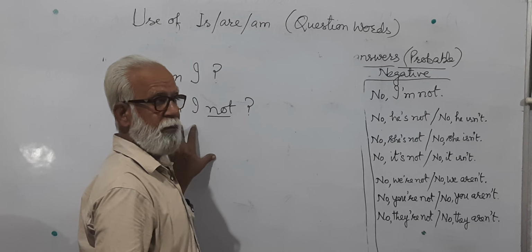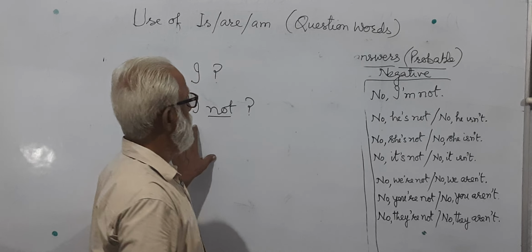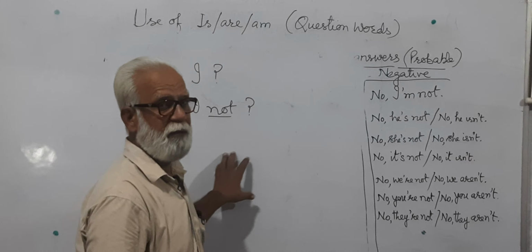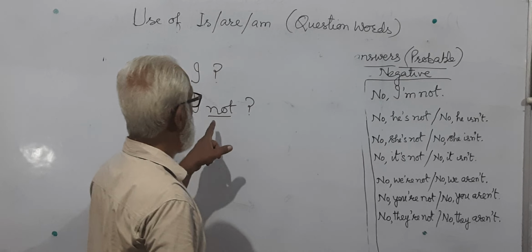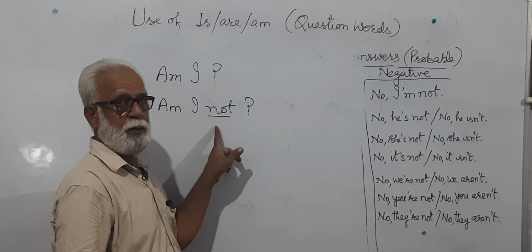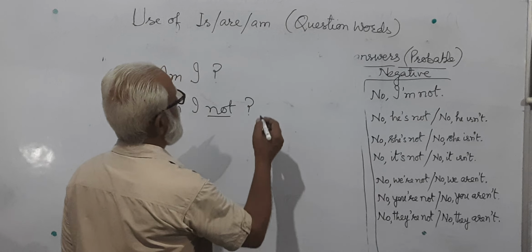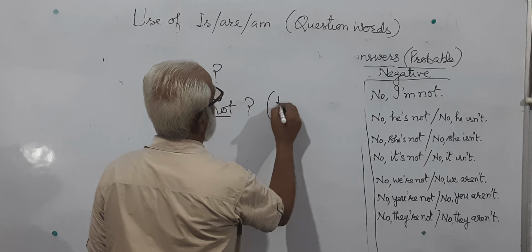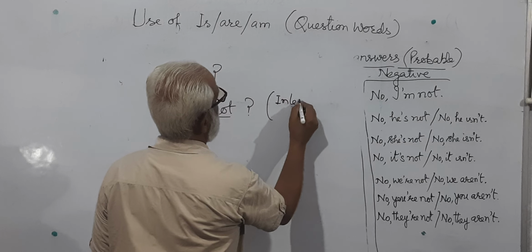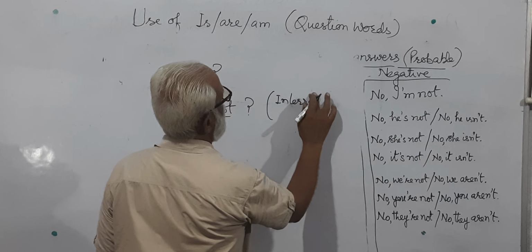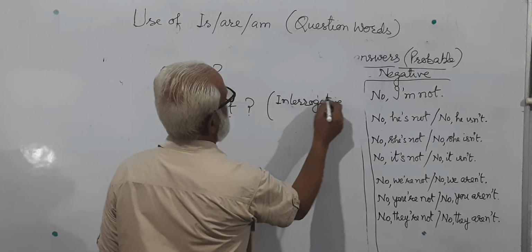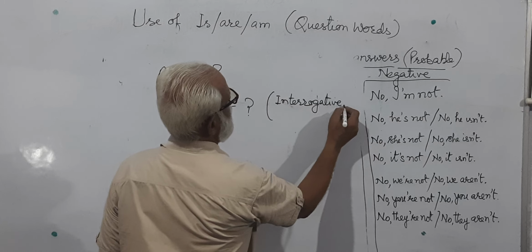Am I not? So not is used, it means this question has become negative interrogative, because the question is first formed by am. First came the question, then we entered with not. It becomes an interrogative negative sentence.